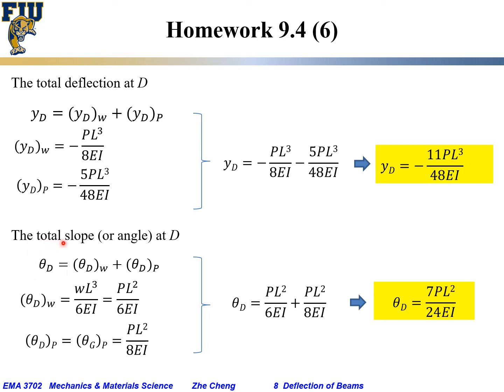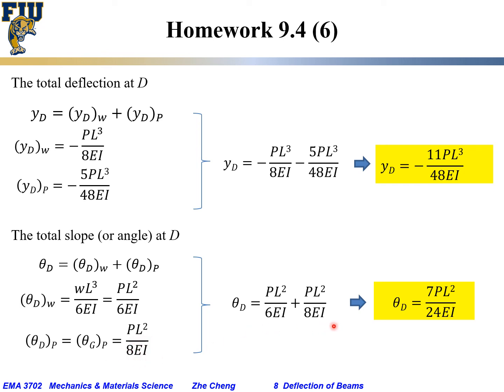The total slope or angle at the D point would also be the slope caused by the distributed load plus the slope caused by the concentrated load. The slope caused by the distributed load would be PL squared over 6EI, and the slope caused by the concentrated load at the G point would be PL squared over 8EI.